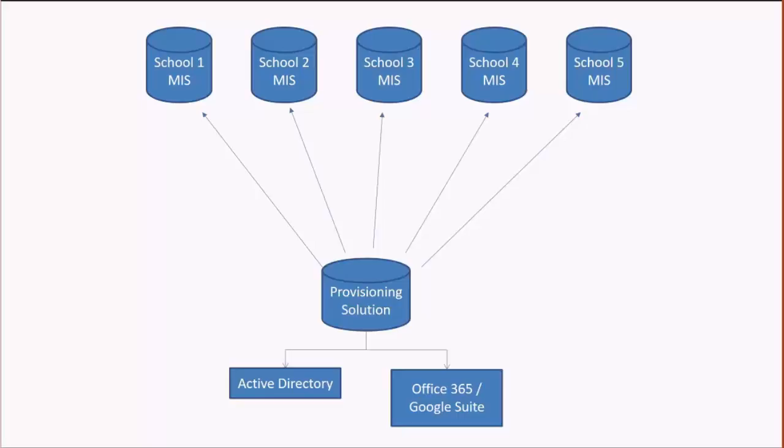What that means is we can then have a single installation of our product that manages all 5 of those schools, so you're not managing 5 different installations of the software. That means you can get a little bit more standardized around how you're doing things, and in terms of managing the provisioning solution, you're only managing 1 application, not 5.